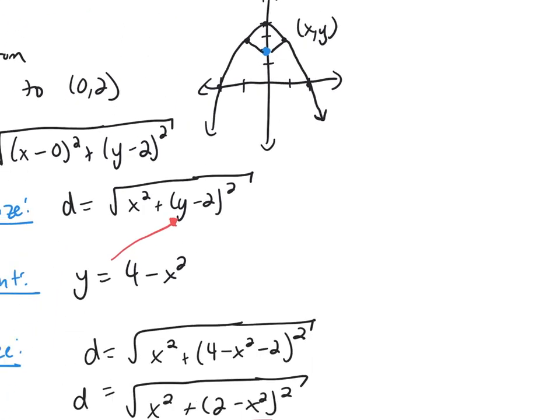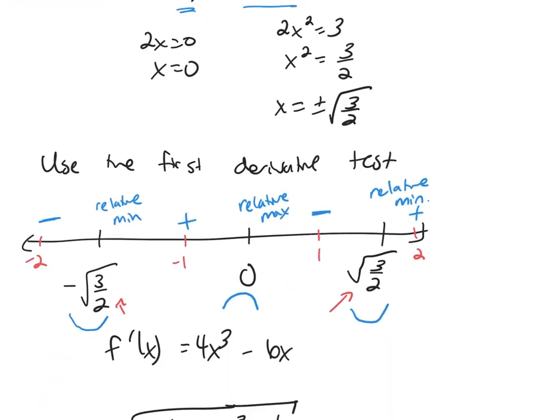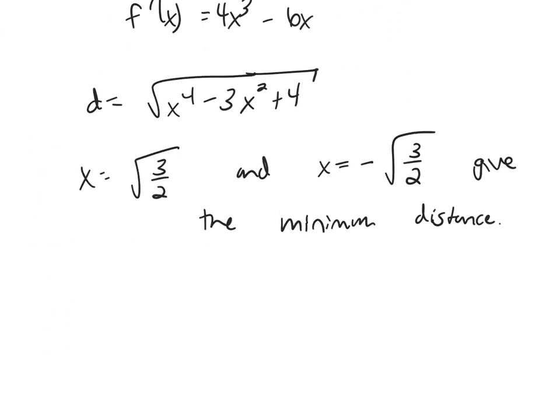And to actually get the point, you have to plug these back into your function. What was our function? Y equals 4 minus x squared. So I'm getting 5 halves.